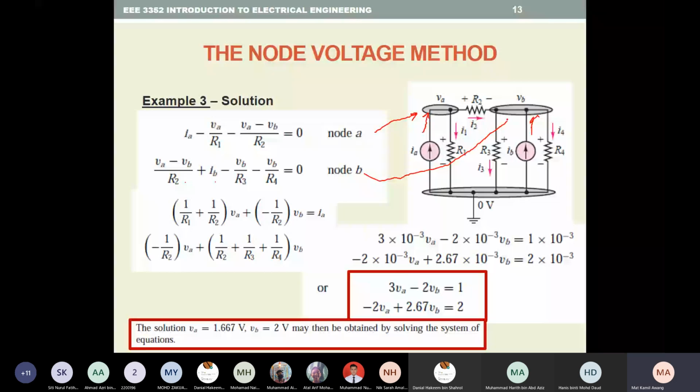And you rearrange the equation. So you have 1 over R1 plus 1 over R2 times VA plus minus 1 over R2 times VB equal to IA. So this equation rearranged, you get this. And the second equation, you rearrange, you get minus 1 over R2 VA plus in the bracket 1 over R2 plus 1 over R3 plus 1 over R4 times VB, equal to IB.